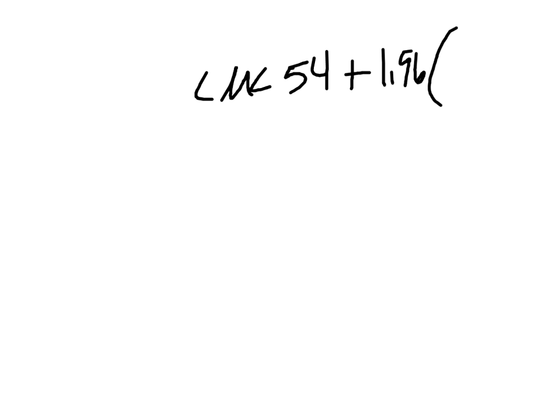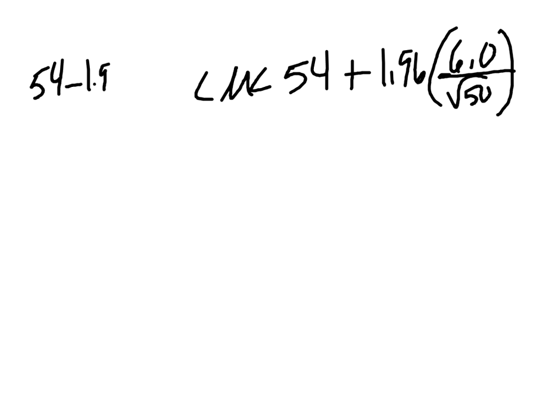That gets multiplied times our standard deviation of 6 days, and that gets divided by the root of the sample size, which is 50. And on the other side, we have our 54 days minus 1.96 times 6.0 divided by root 50.